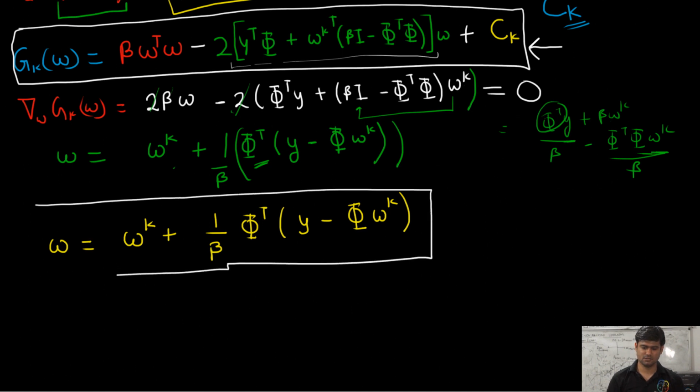So this solution now becomes Wk plus 1 that minimizes the function g of Wk.